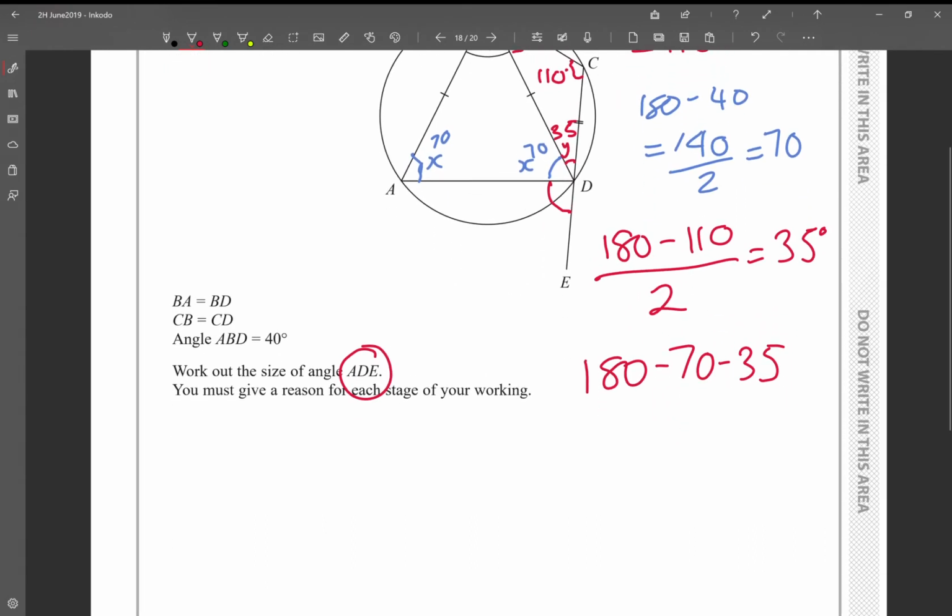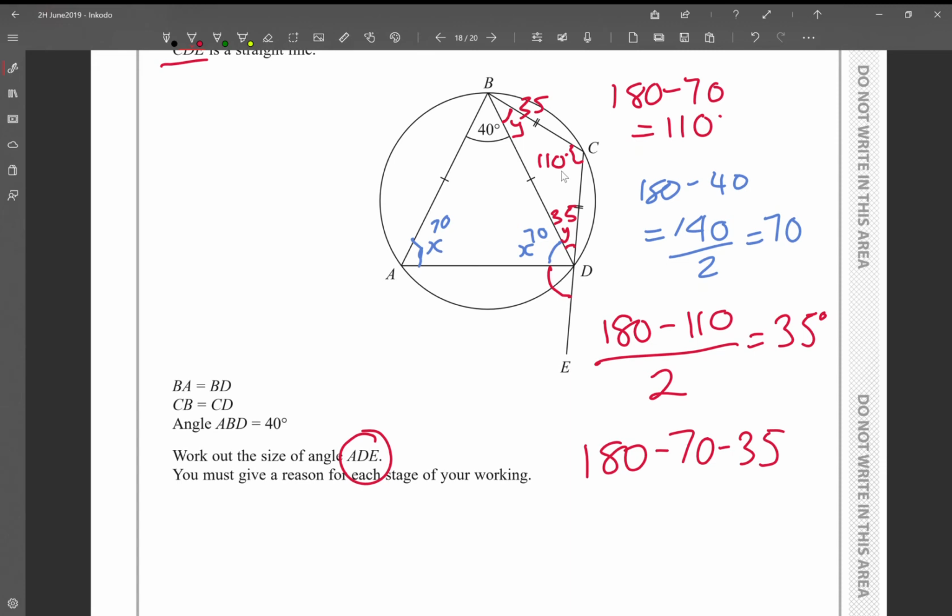You'd probably try and do this lower down, but they can read it as long as it's structured. They can normally read it. So 180 minus 70 minus 35 should give you 75, because 70 and 35 are 105, minus that from 180.